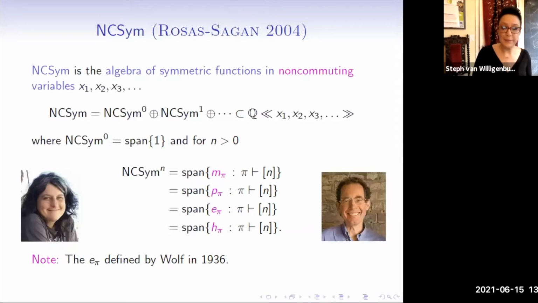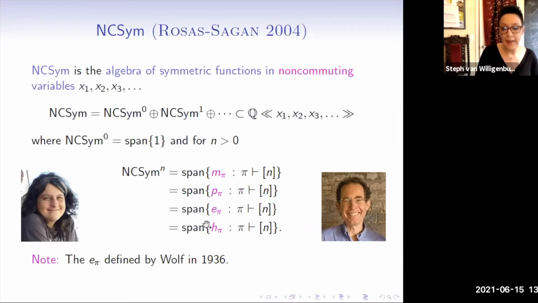And so with this in mind, we're now in good shape to define the algebra of symmetric functions in non-commuting variables of Rosas and Sagan. So there's Mercedes Rosas, and there's Bruce Sagan, who I saw in the audience too. This is in their beautiful paper that was published in Transactions, and if you haven't read it, I highly recommend it.